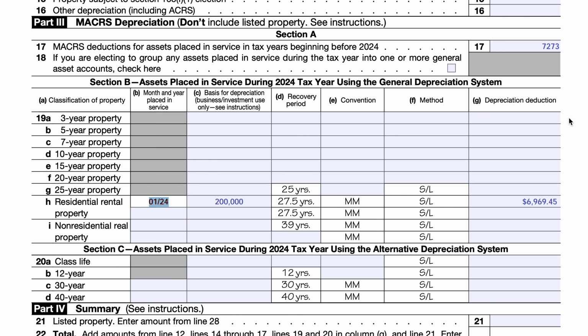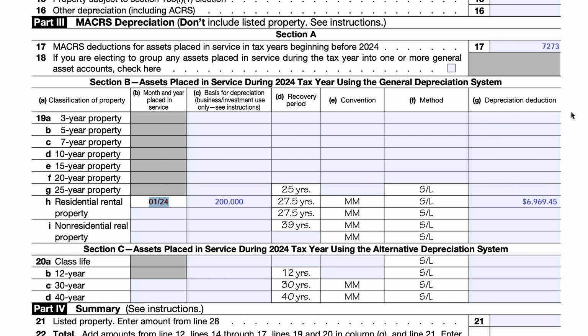The mid-month convention basically means that instead of taking the entire depreciation for the whole year, you take the depreciation for the entire year after the month it was placed into service. So you've got 11 months of depreciation, and then 1/2 of the January depreciation, hence mid-month convention.